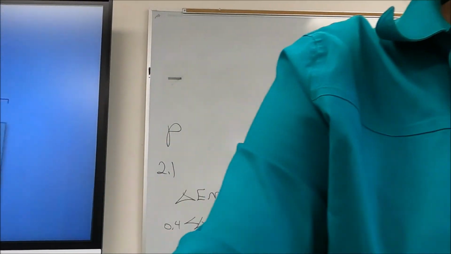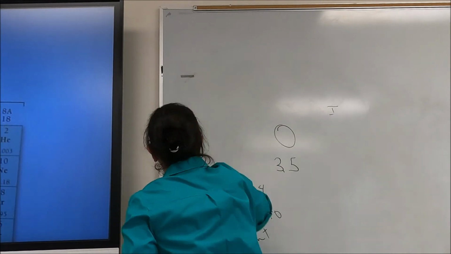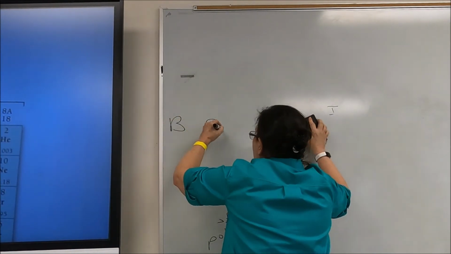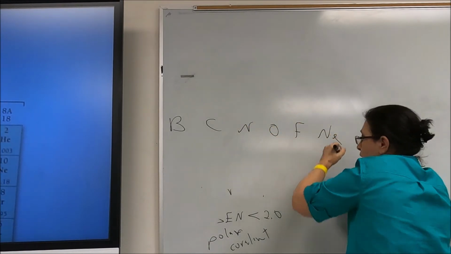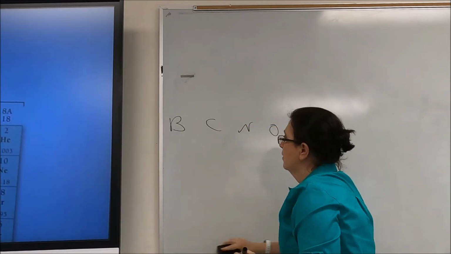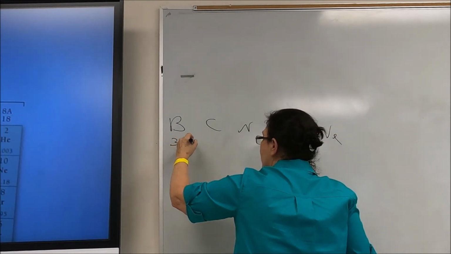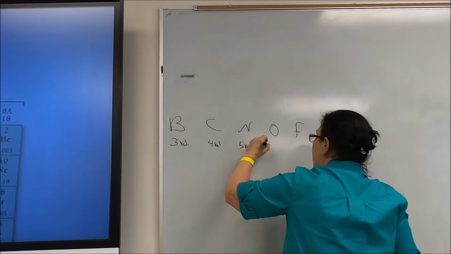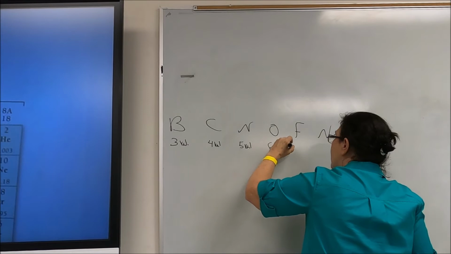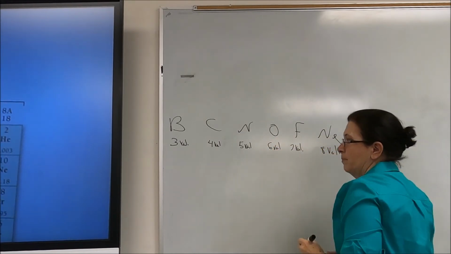The Lewis dot symbols are those elements, and we're going to talk about how many bonds they can make. So, boron, carbon, nitrogen, oxygen, fluorine, neon.